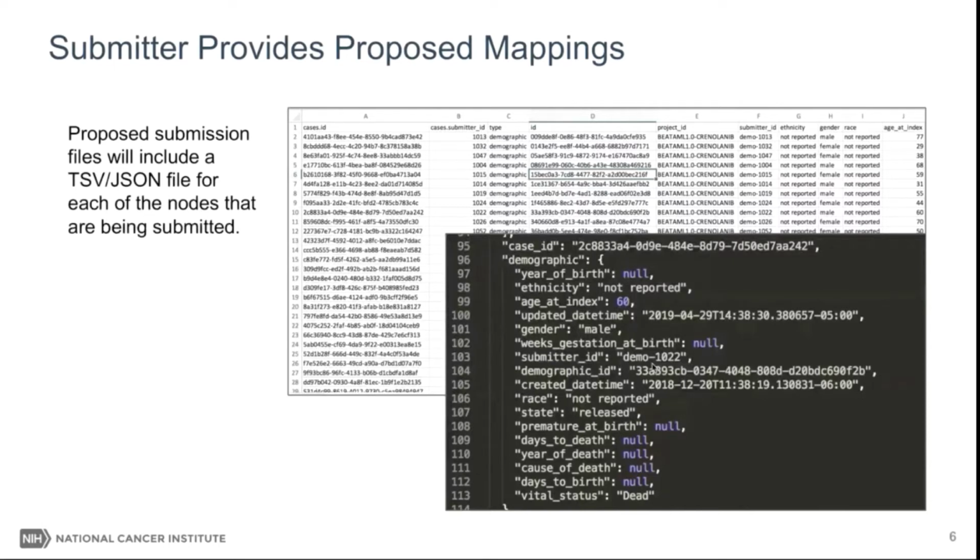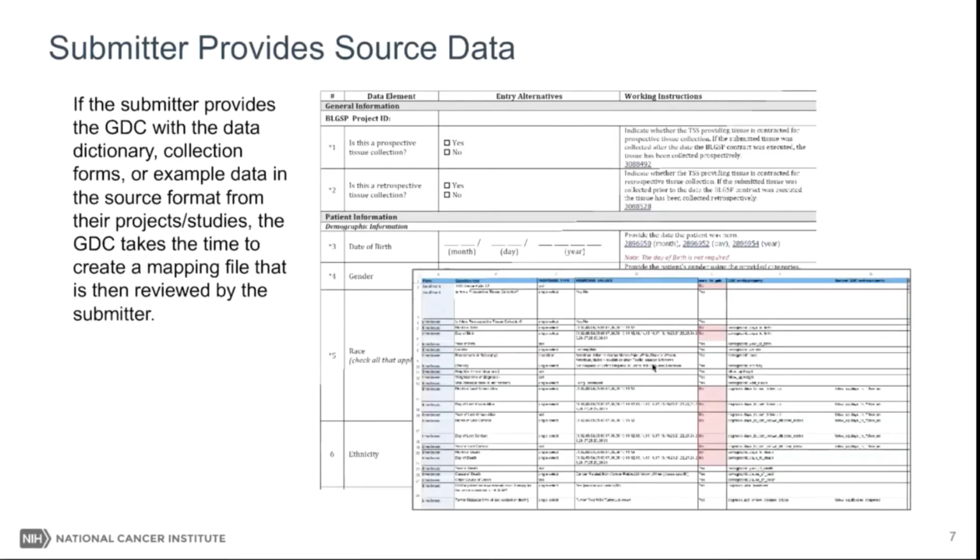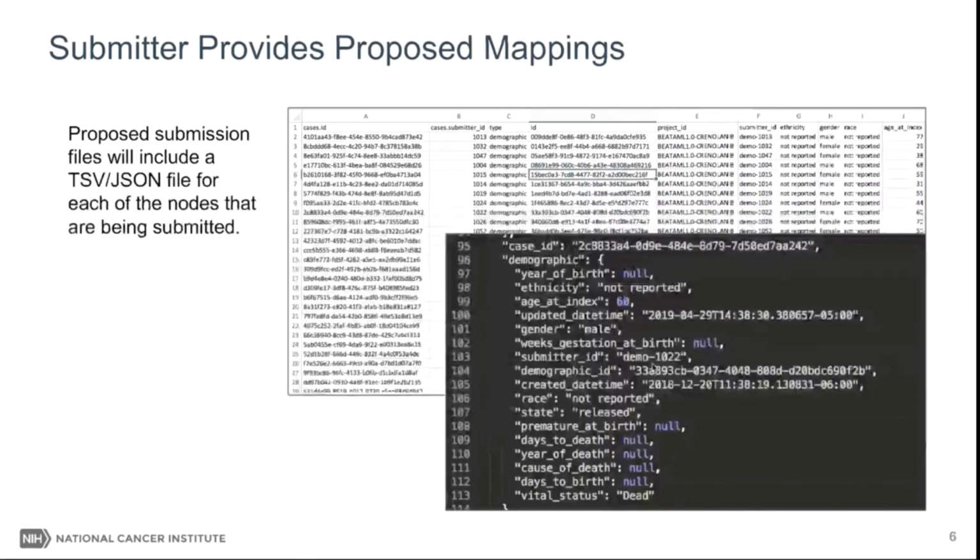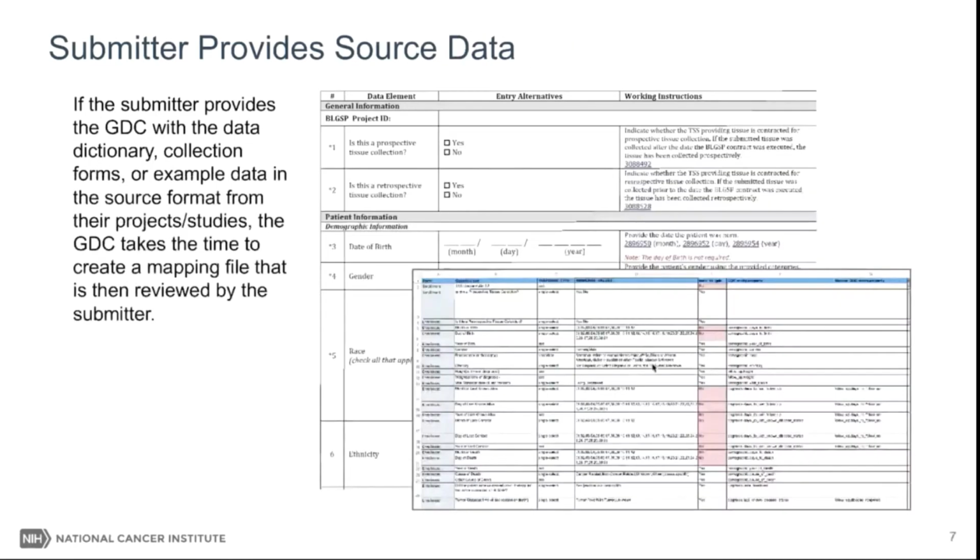But once this was submitted, any user can now go to their project and download the JSON version of this on the GDC's portal. And that's what I have here in front, the JSON version of this file. And that's on a single case, obviously. The benefit of a TSV is that you get multiple cases per file. The JSON is per case or per node.